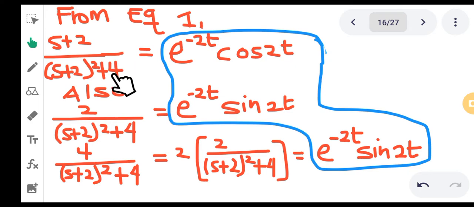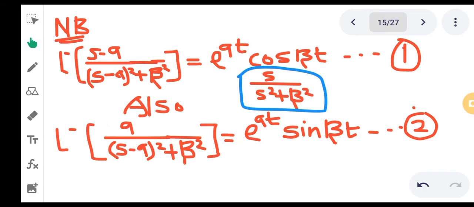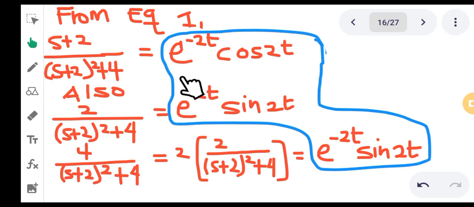The beta square is 4, so it means my beta is 2. Also the 2 over s plus 2 all square plus 4 will give us e exponent minus 2t sine 2t.